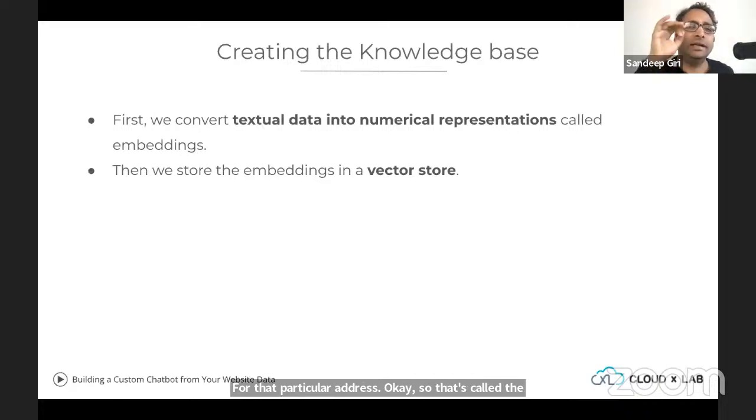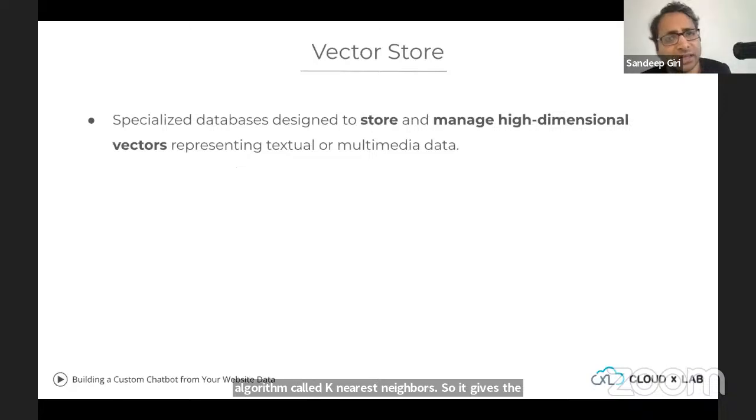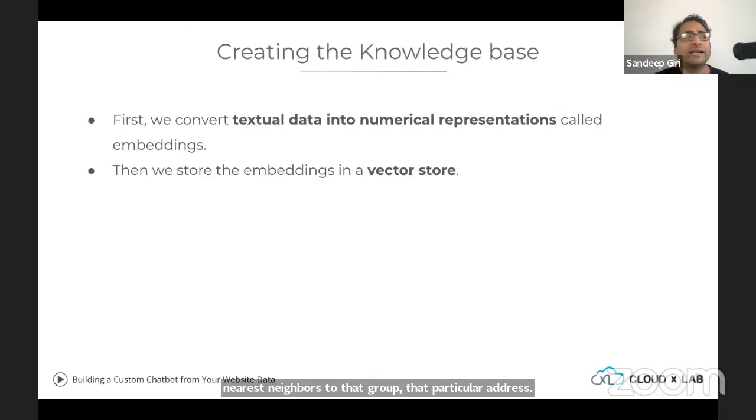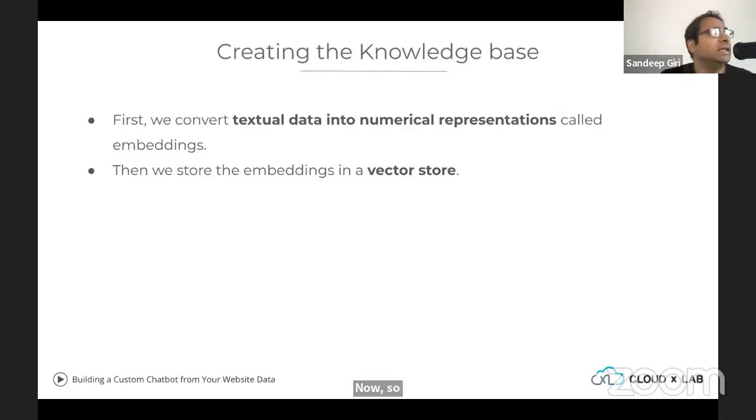So it gives the nearest neighbors to that particular address. Now, vector stores are basically software where you put in the embeddings.